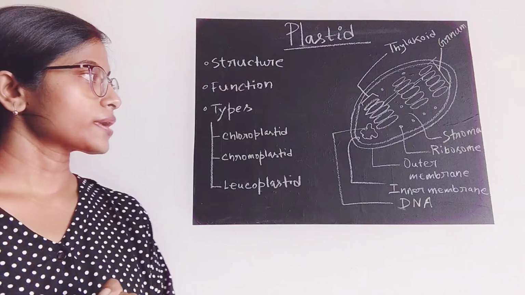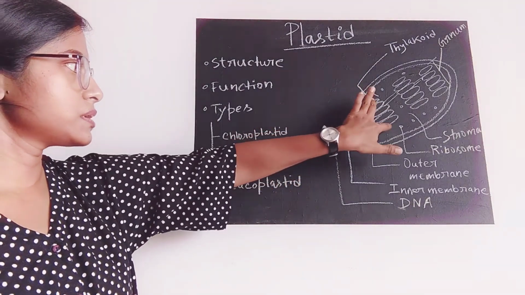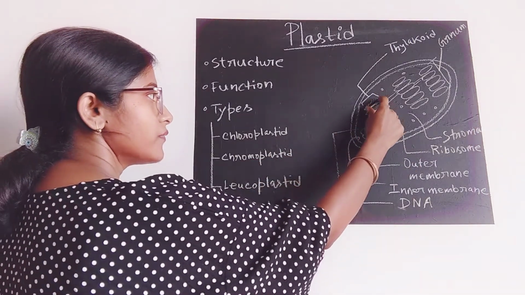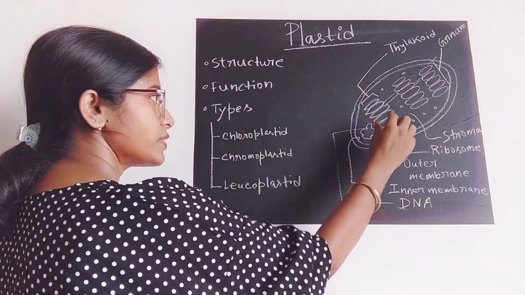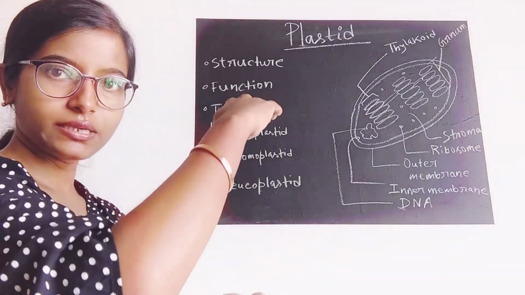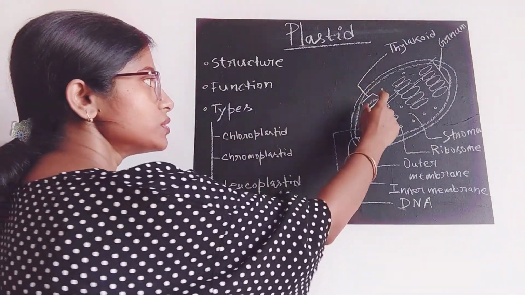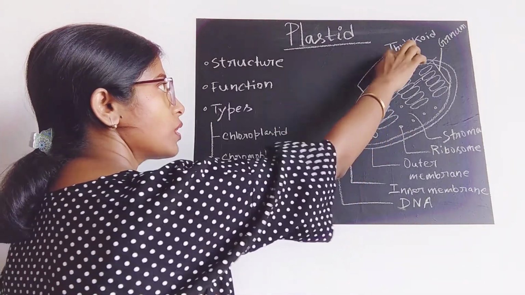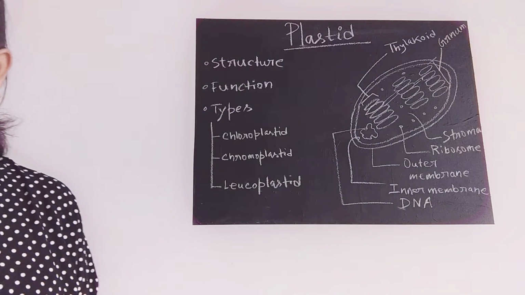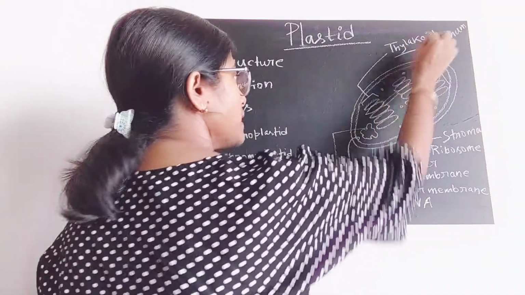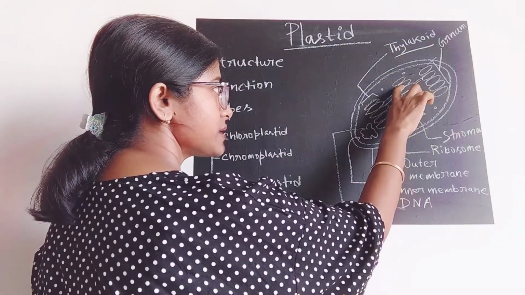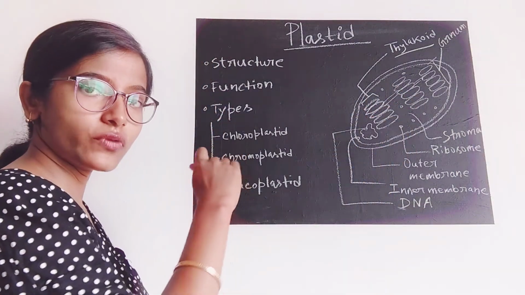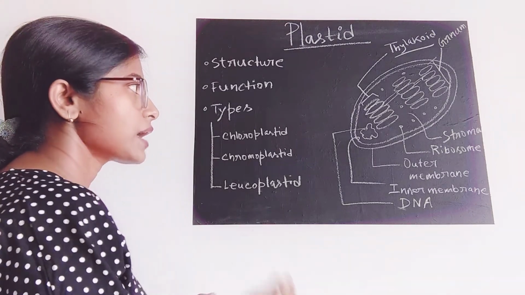Now if we see the structure of granum, there are several flat structures which are stacked upon one another, making the granum. Each and every one of these stack-like spherical structures stacked upon one another is called a thylakoid.